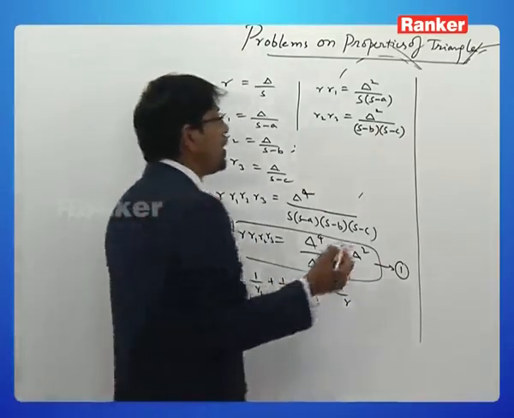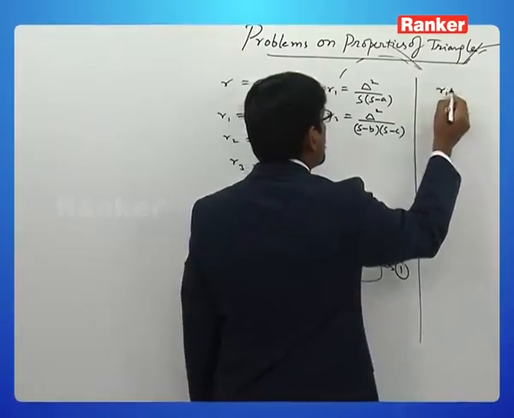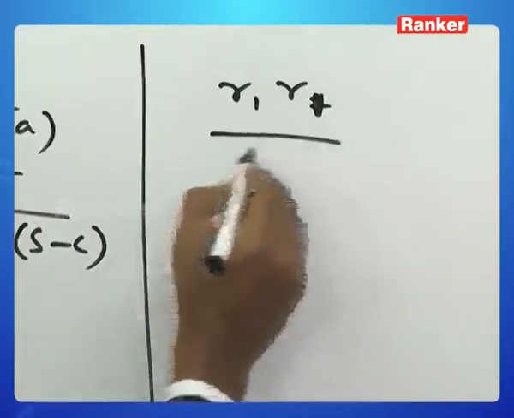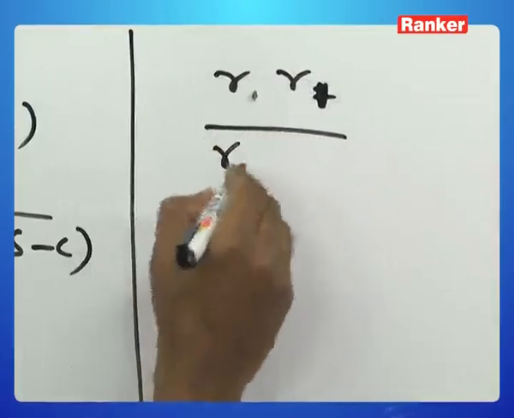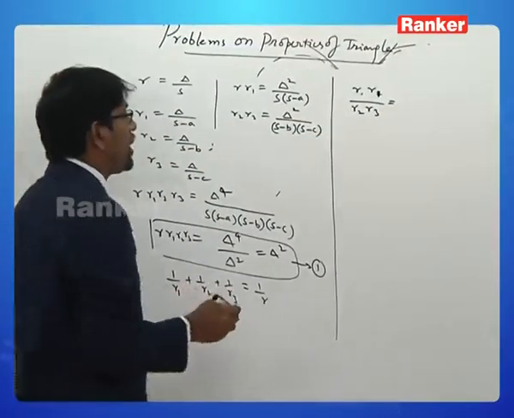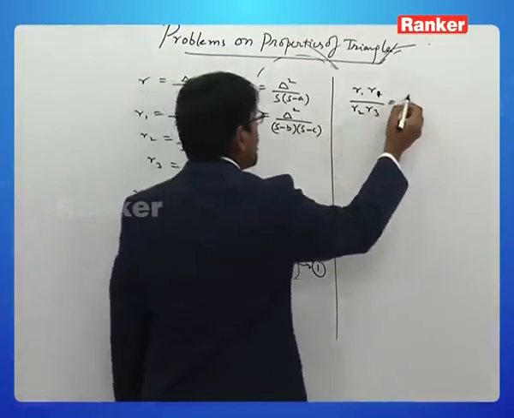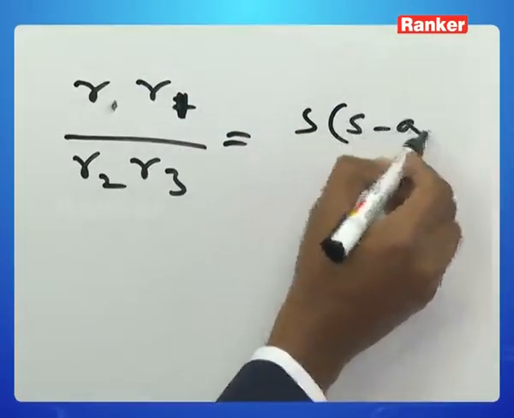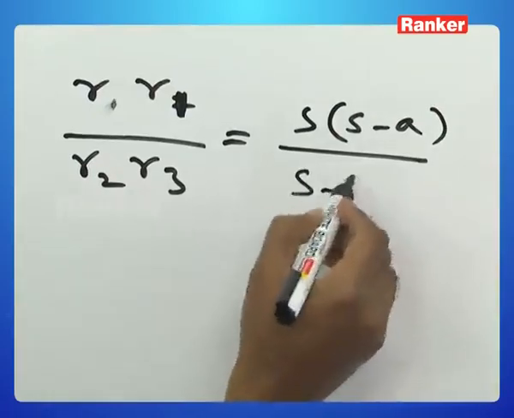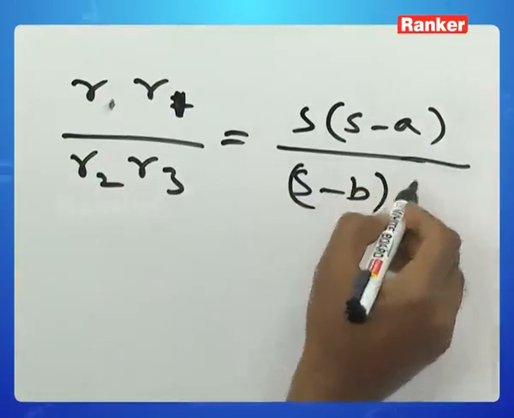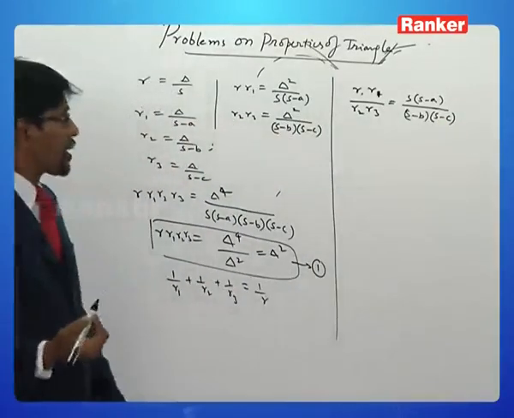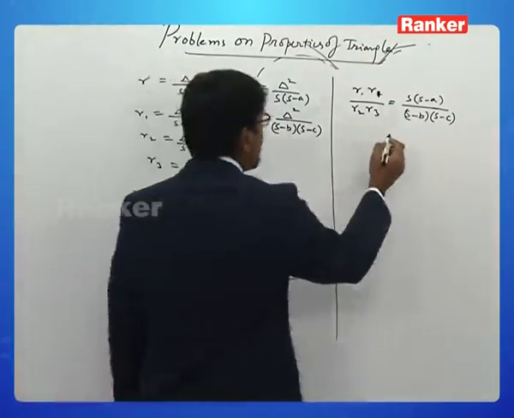Now let us consider RR1 by R2 R3. From here we will get that it is equal to S into S minus A by S minus B into S minus C. That's clearly tan square of A by 2.